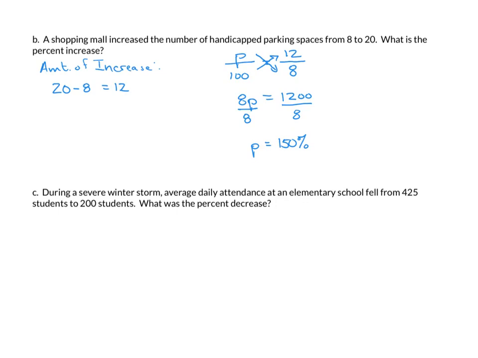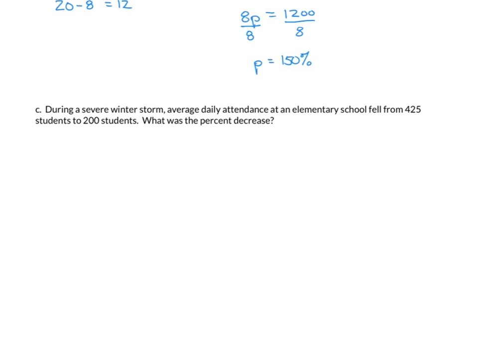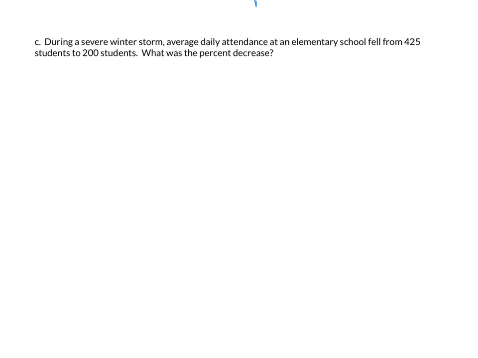All right, last example for this section. During a severe winter storm, average daily attendance at an elementary school fell from 425 students to 200 students. What was the percent decrease? So we're going to start by finding the amount of the decrease.